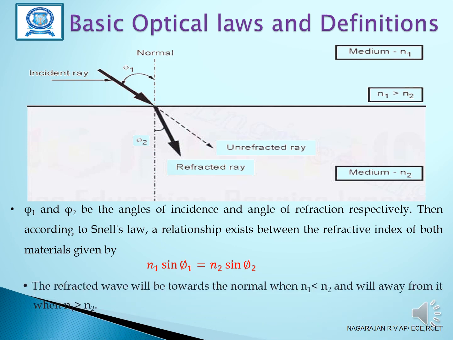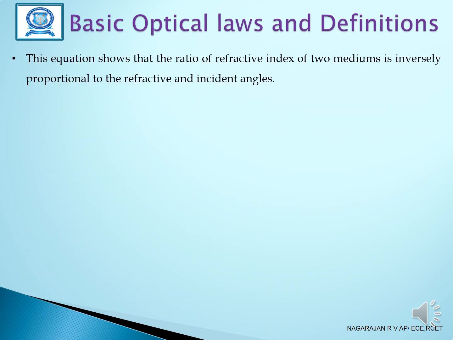So here the refracted wave will be towards the normal when n1 is less than n2, and will be away from it when n1 is greater than n2. So n1 divided by n2 is equal to sin phi 2 divided by sin phi 1. The equation shows that the ratio of refractive indices of two media is inversely proportional to the ratio of the sines of the refraction and incidence angles.